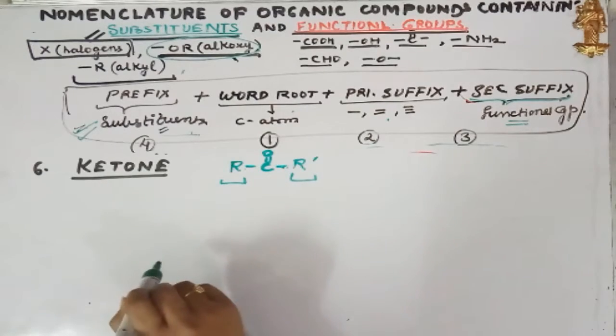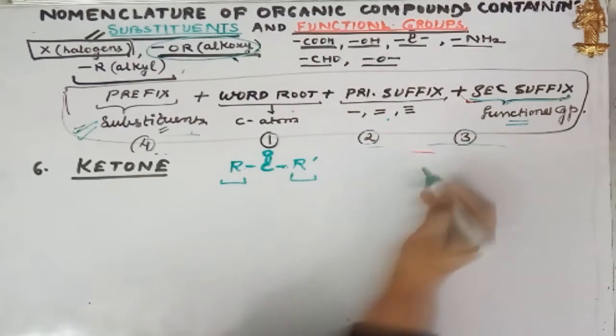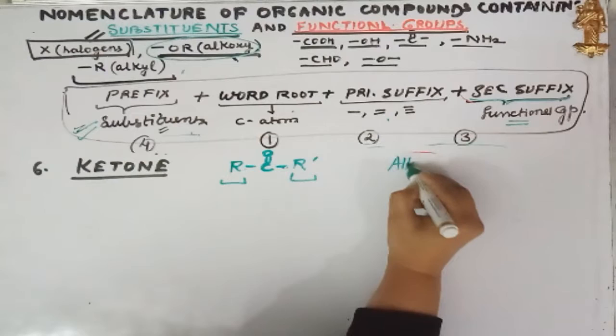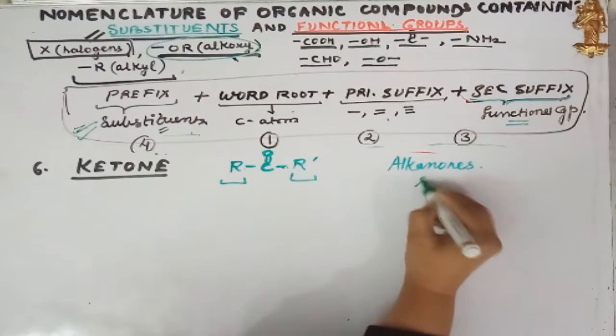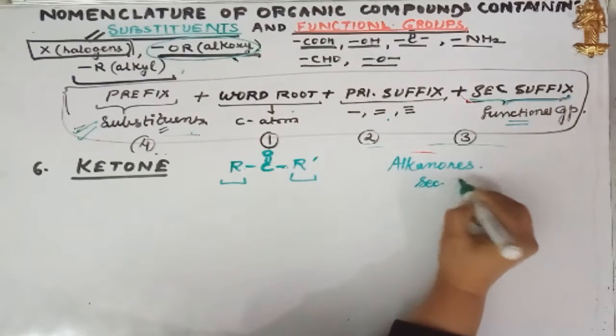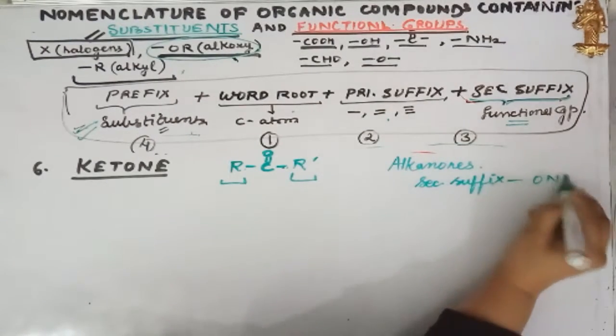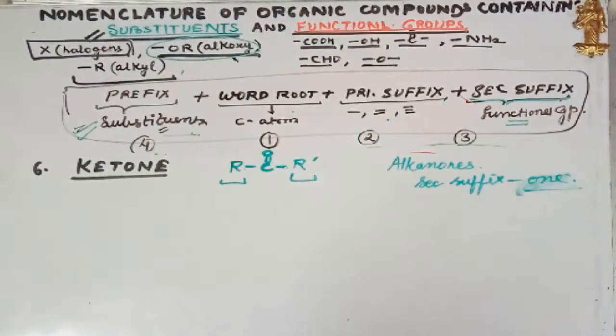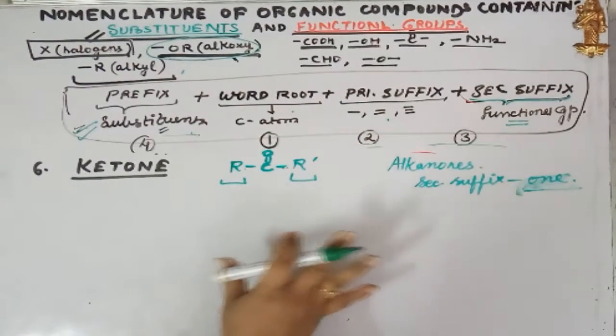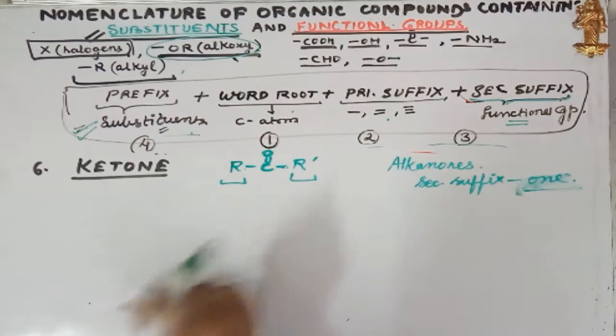So let us see how to name them. These are named as alkanones. It means the secondary suffix for them is -one. So this is how we have to name the ketones. Let me give you one example of this ketone.